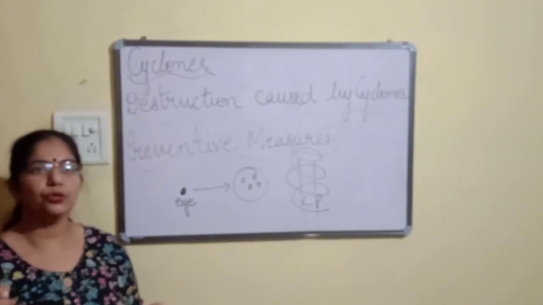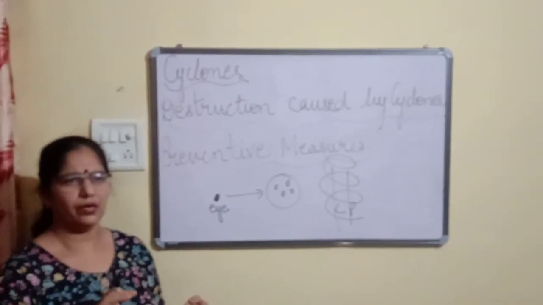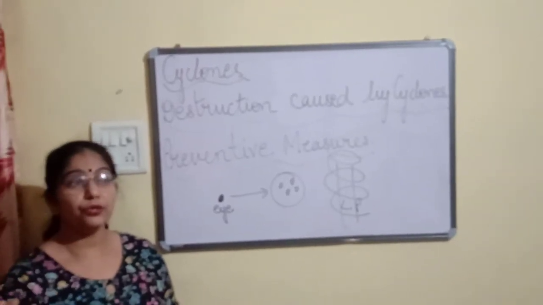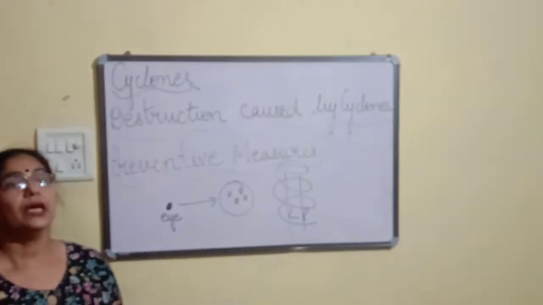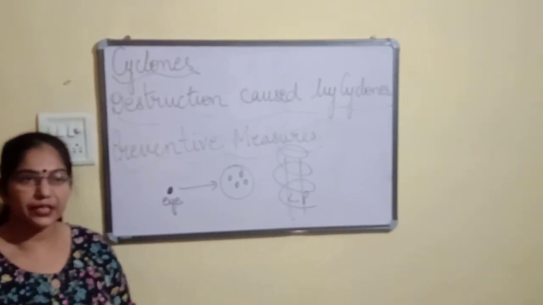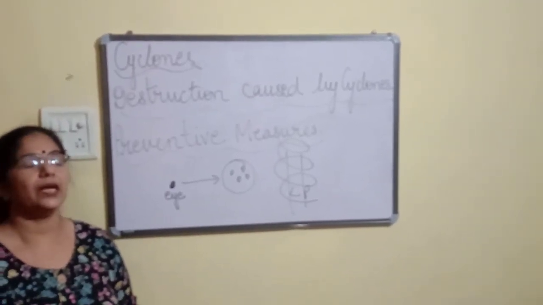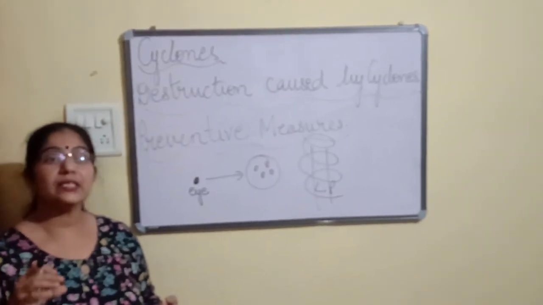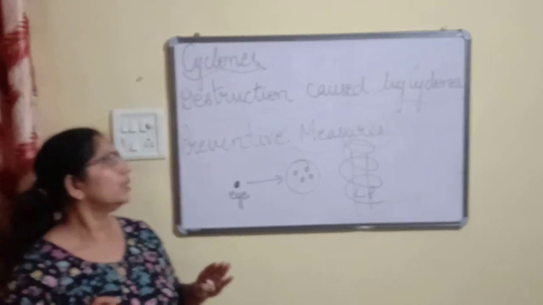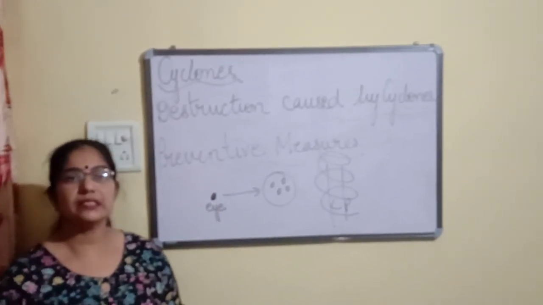We should keep enough grocery or eatables in our home. We should not go out during cyclone times, and we should be well protected in our house. We should have a proper medical kit in our house. All the emergency numbers should be stored in our phone.